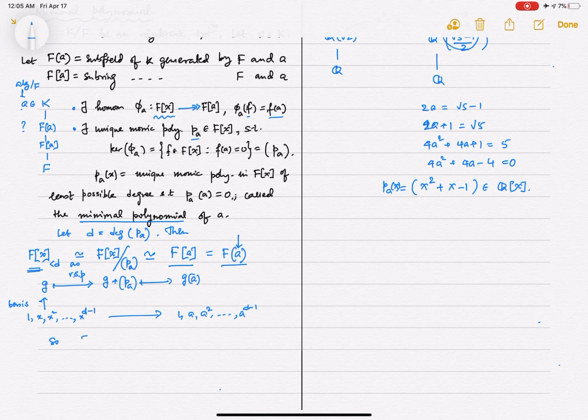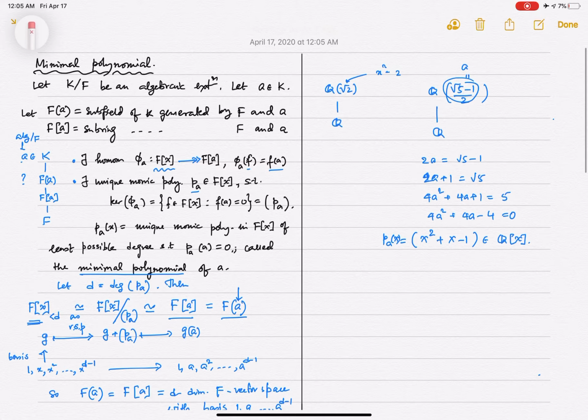So F(a) is a d-dimensional vector space over F with basis 1, a, up to a to the d minus 1.